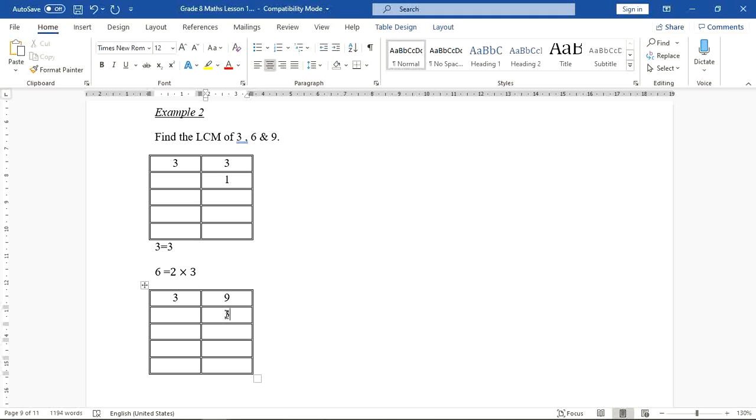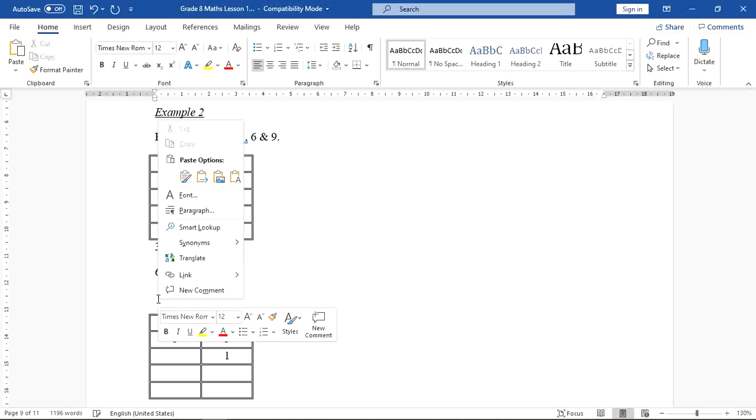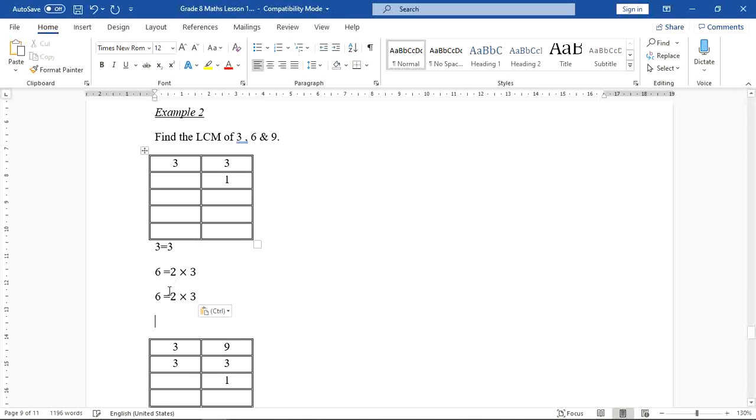The smallest prime factor that can divide 3 is not 2, we move on to 3. 3 goes into 3 one time. So 9 is none other than 3 times 3.